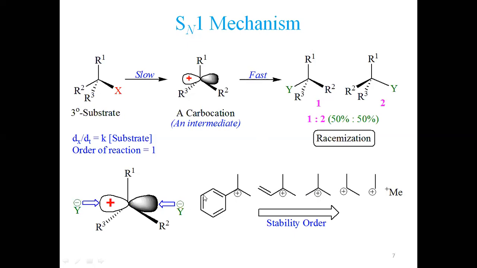But if some such type of groups are attached, it shall be highly stable as well. So this is the reason why a tertiary substrate always undergoes the SN1 mechanism, a primary substrate always goes by the SN2 mechanism, and a secondary substrate shall undergo mixed type. It may undergo SN1 as well as SN2.